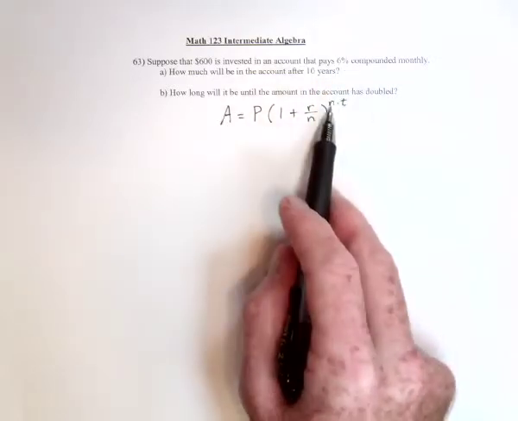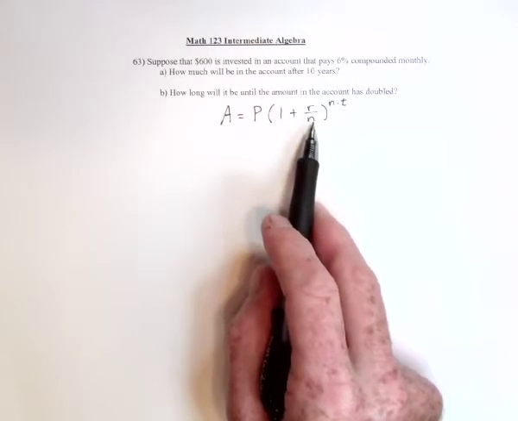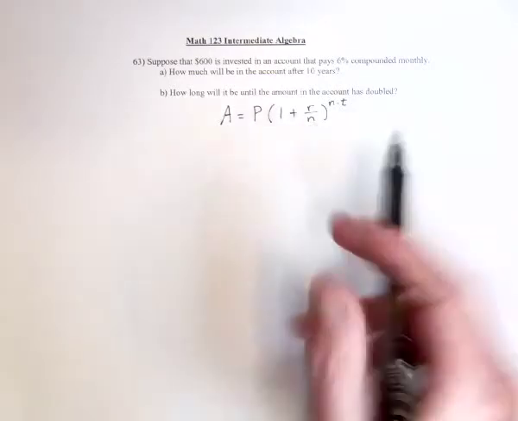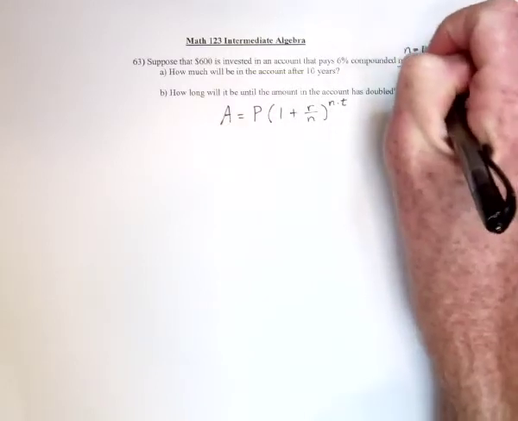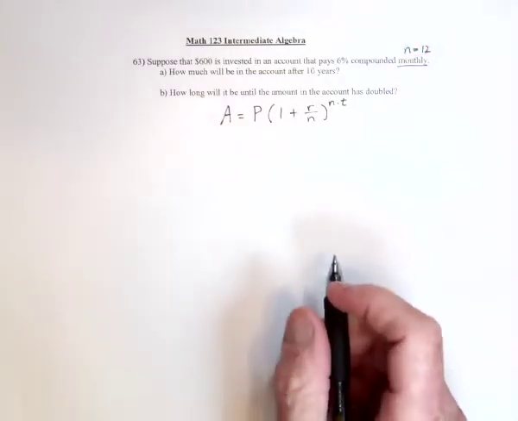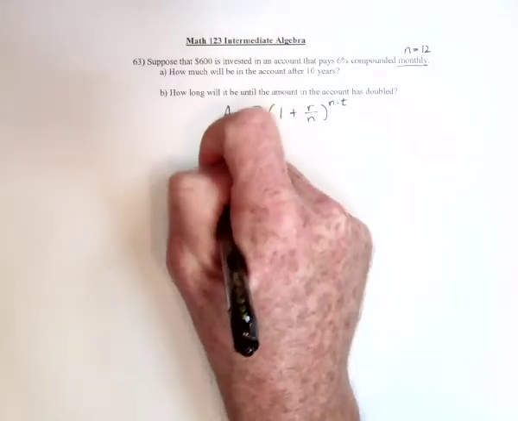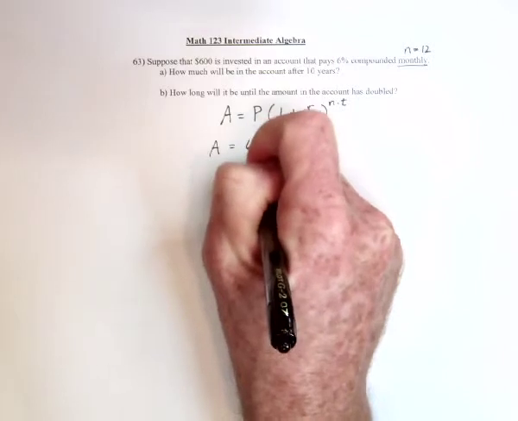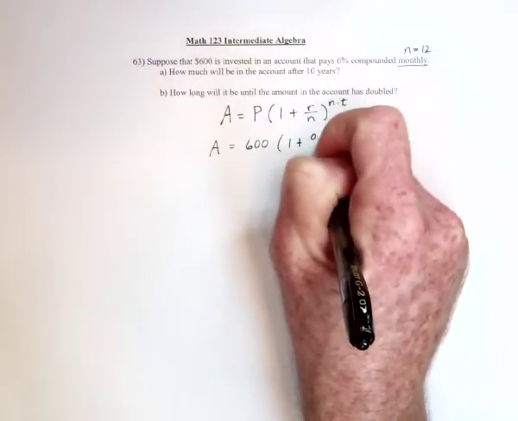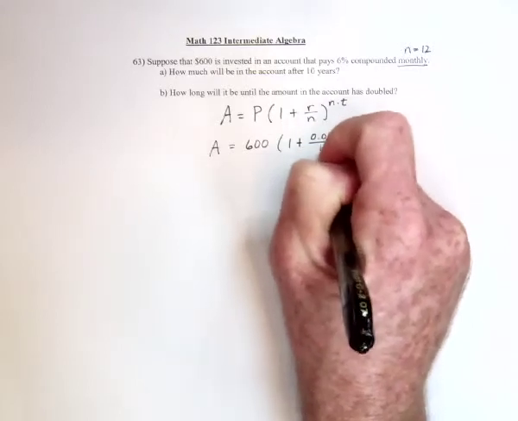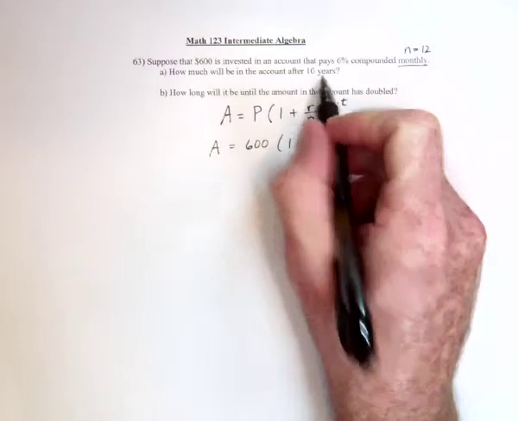And the n that shows up in 2 places in the formula is how many times a year interest is paid. Because of this, n would be 12 months in a year. Interest is paid monthly. Okay, so we've got $600, 6% interest is paid monthly, and then the t is going to be the 10 years.